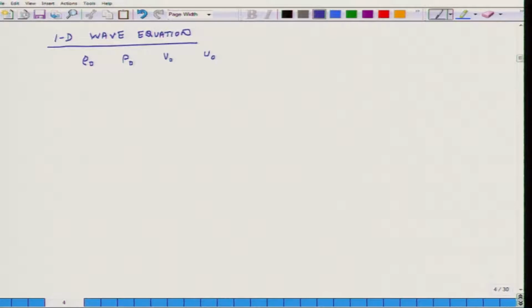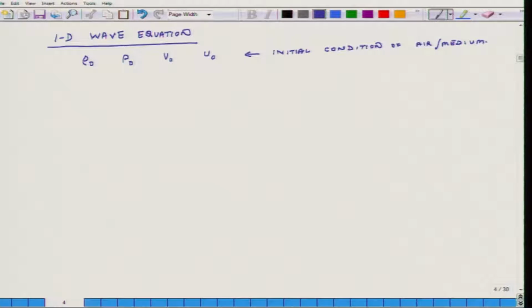U naught could be 0 or it could be just a steady flow of air, which is not changing with time. So, this is the steady state initial condition for the medium.